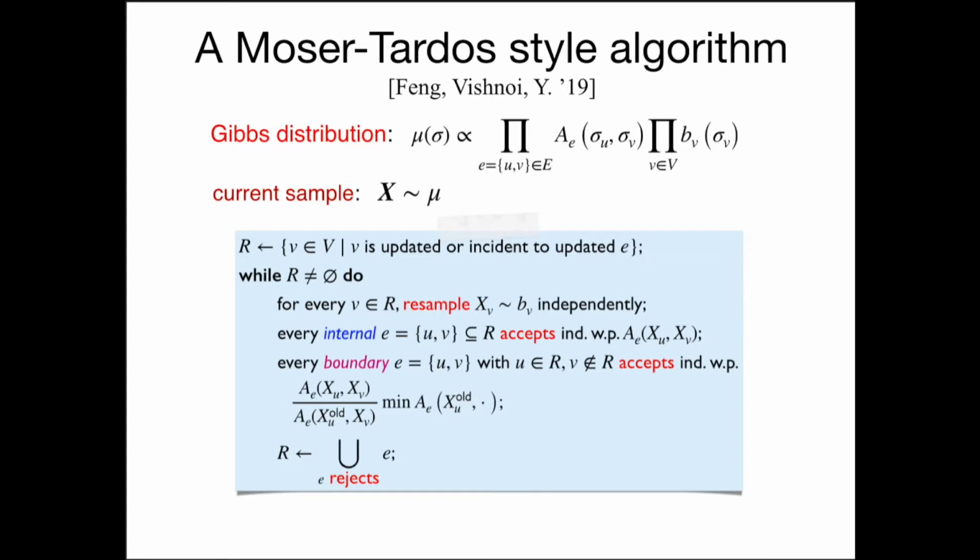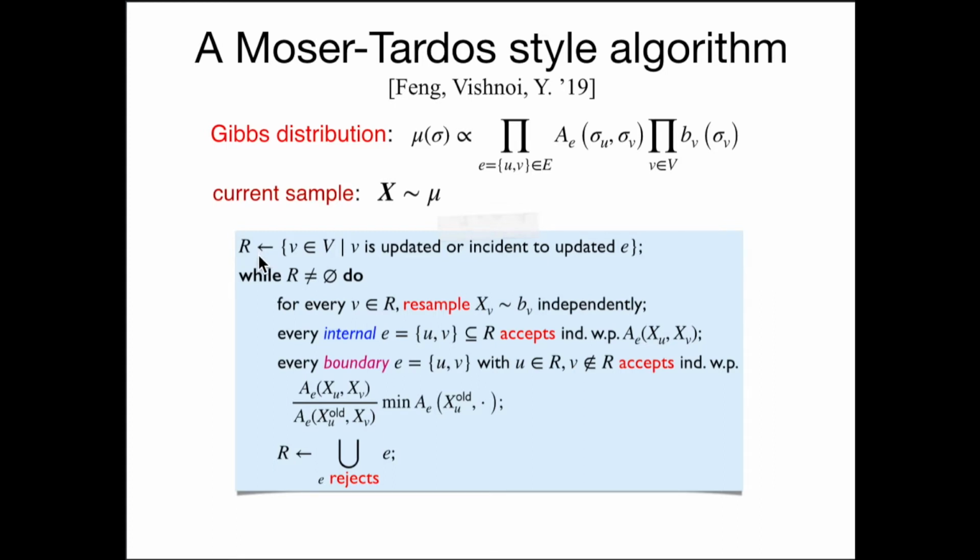Given a sample X from the current graphical model's Gibbs distribution mu, when the graphical model is dynamically updated, the algorithm first constructs a set R of all vertices affected by the update. So for each vertex in R, either its local field is changed by the dynamic update, or it is incident to some edge that is added, deleted, or has its activity changed by the update. So basically, this R contains all variables that need to be fixed.